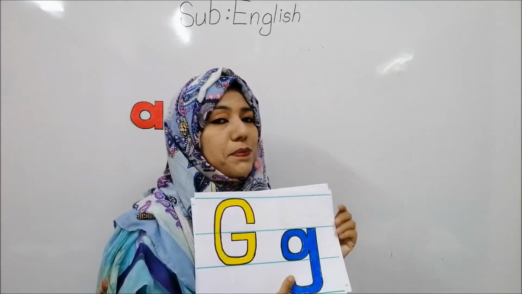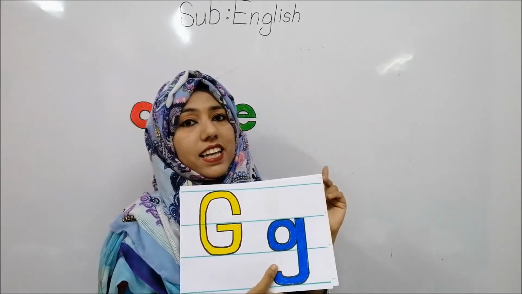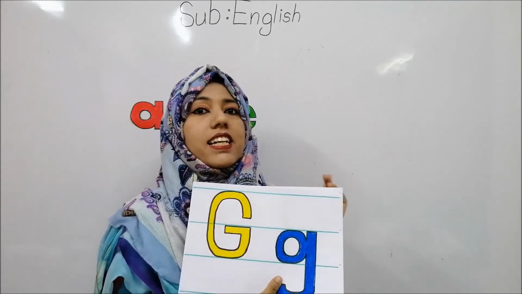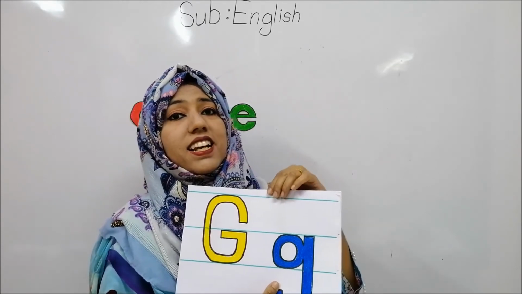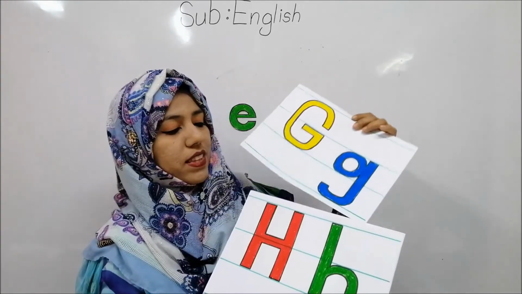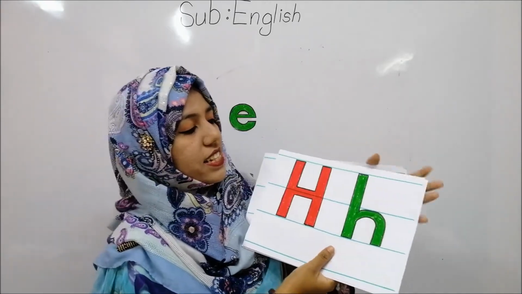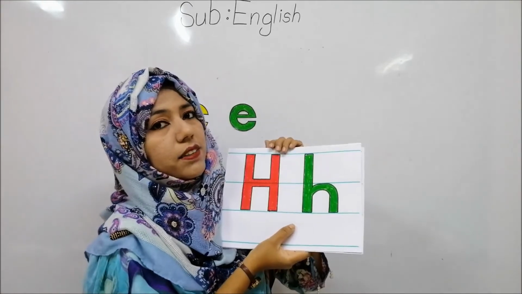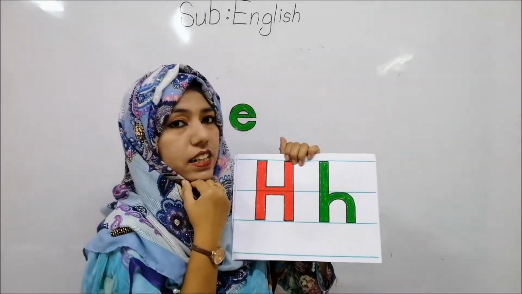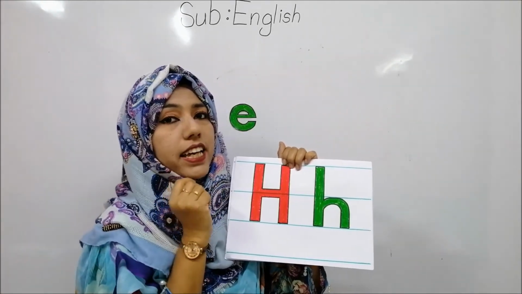Okay, then G, then which letter, students? A, B, C, D, E, F, G, then H. This is letter H. So H is a which letter? Short, tall or hanging.